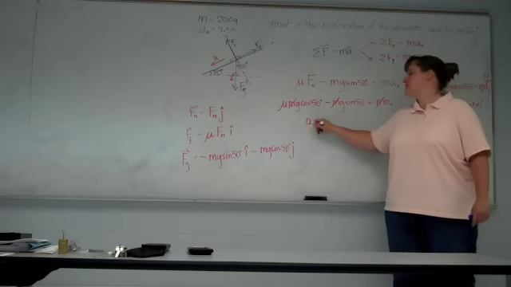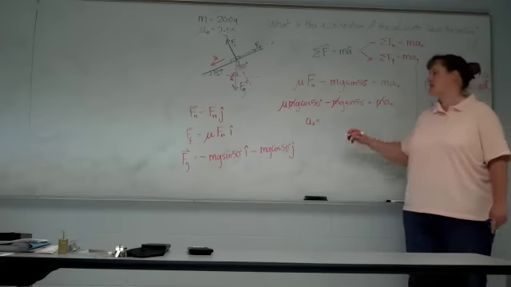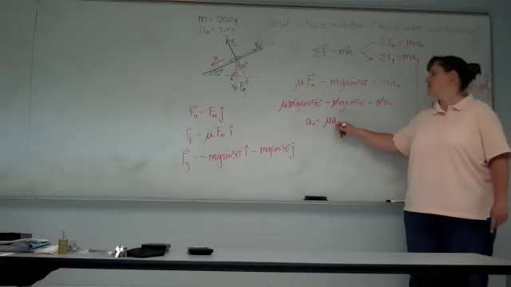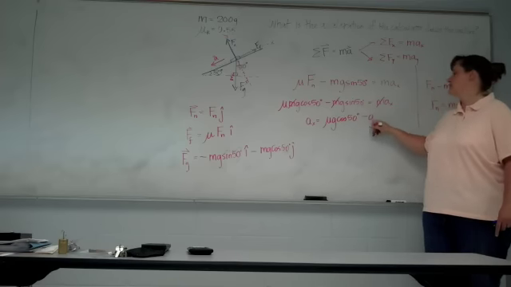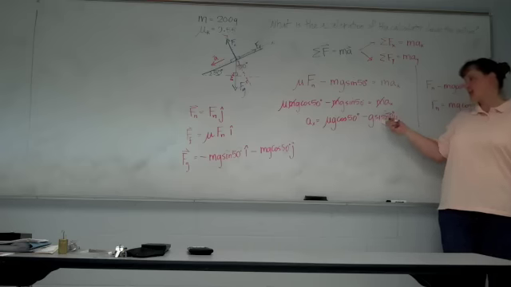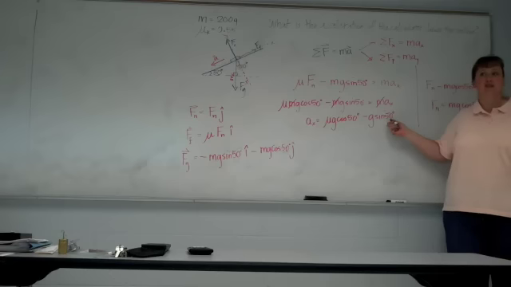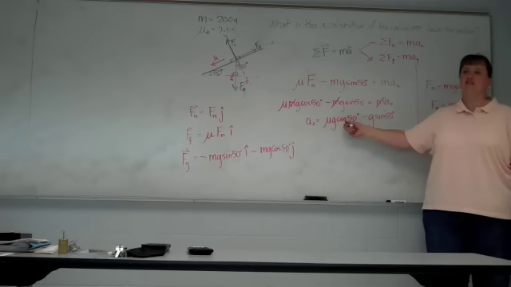This means the acceleration down the incline, you should recognize the g sine 50 from when we talked about inclines before. The acceleration without any friction was g sine theta. Now we have an extra term because there is friction.